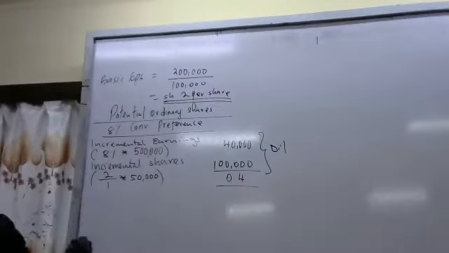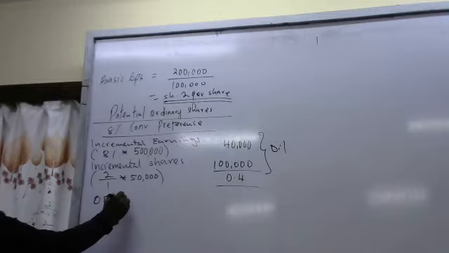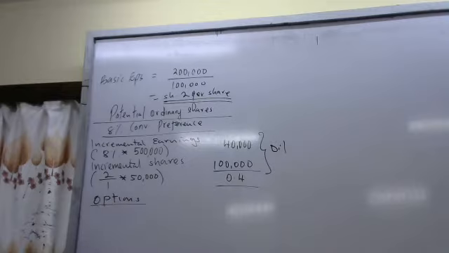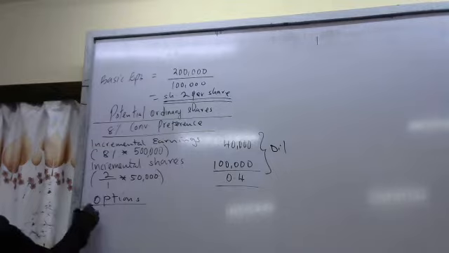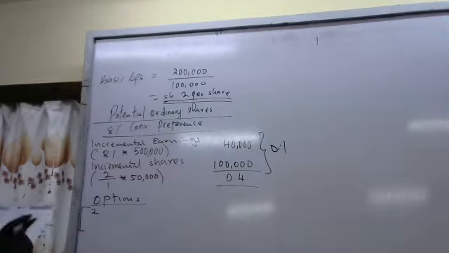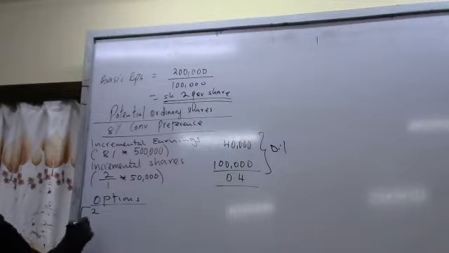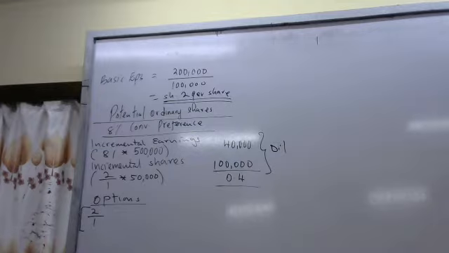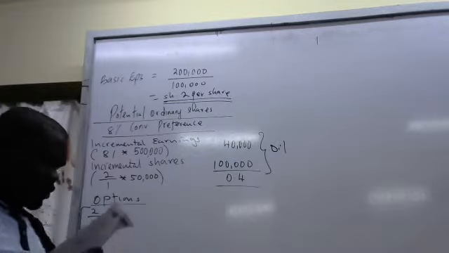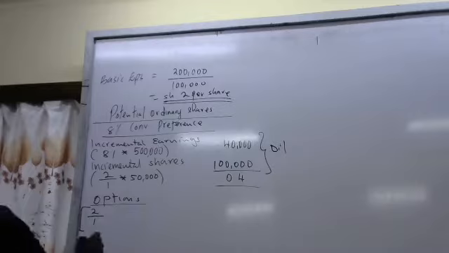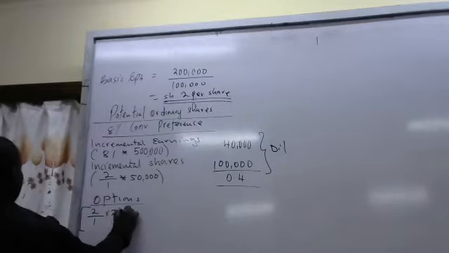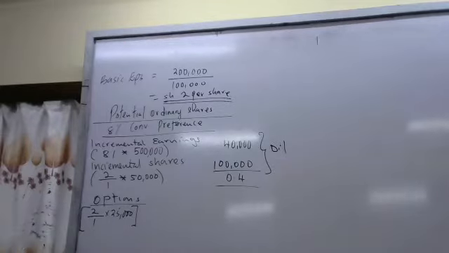So you get 2 ordinary shares for every 1 option. How many options do we have? 25. Yes, they are saying we have 25 share options. So you multiply by 25.